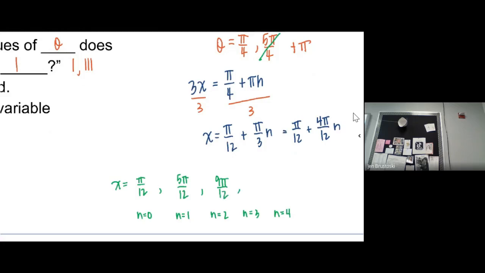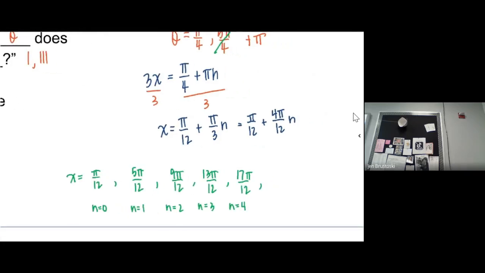Then we keep going up, so we get 13 pi over 12, then 17 pi over 12, 21 pi over 12, and 25 pi over 12.